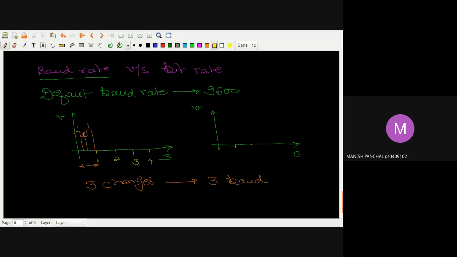This is 1 2 3 4, 1 2 3 और 4। ओके, मान लो कि मैं 1 सेकंड में 2 बिट ट्रांसमिट कर रहा हूँ। एक 1 किया मैंने, फिर 0 किया, फिर मैंने 0 किया, फिर मैंने 1 किया। इस तरह से हो सकता है मैंने 2 बार 1 भी ट्रांसमिट किया हो, तो ये मेरी 2 बार 1 है। ठीक है, फिर से मैंने 1 0 ट्रांसमिट किया। सो फॉर एग्जाम्पल दिस इज 1 0, this is 0 1, and this is 1 1, and this is 1 0, and again we can say. So we can say that in the case of this, per second I am transmitting 2 bits.